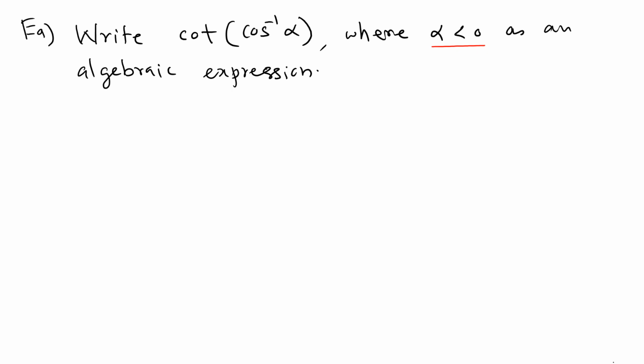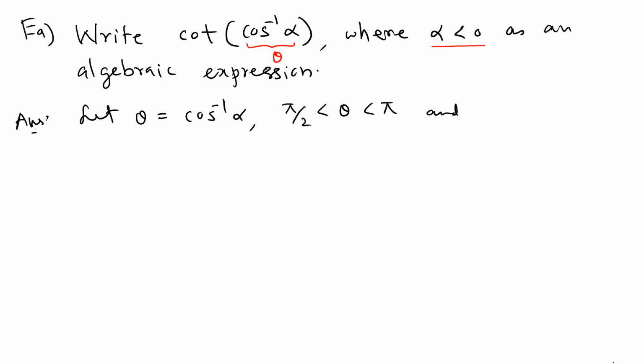We do the problem as we did before. So let theta equal cosine inverse alpha. Since alpha is negative, this angle has to be in the second quadrant.